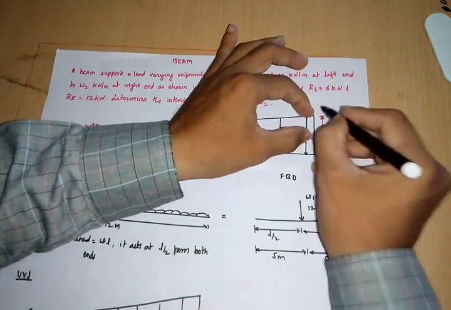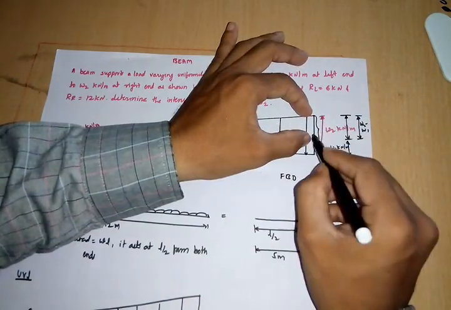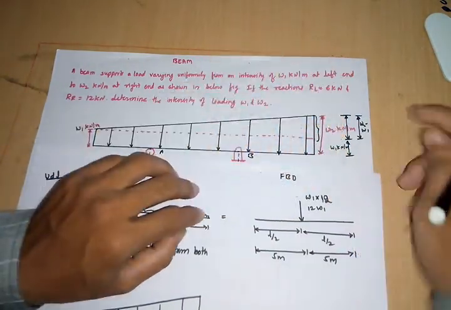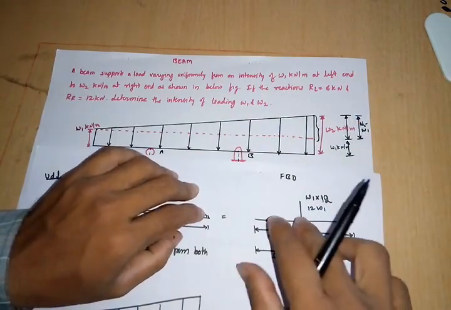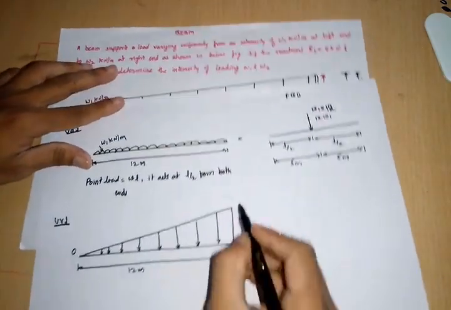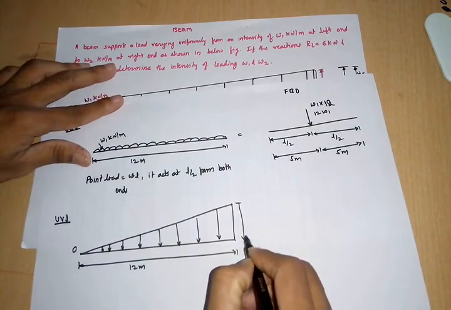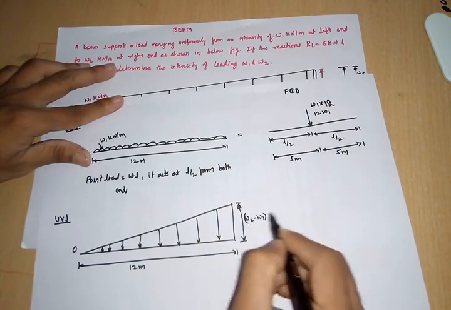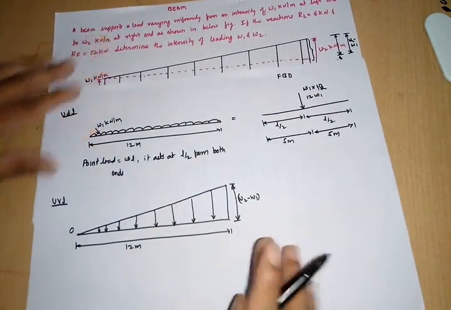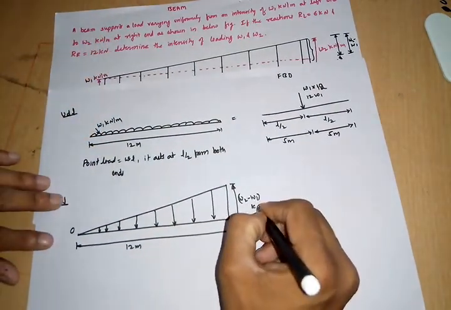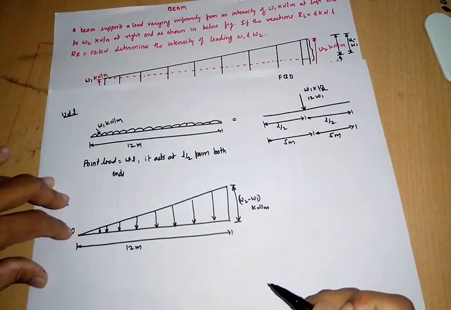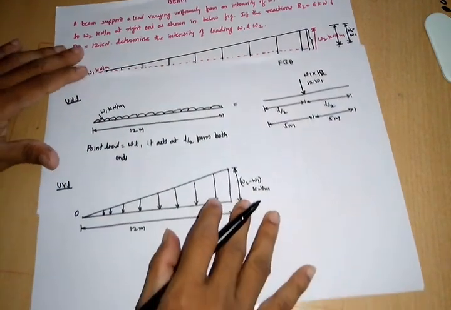So the remaining, from here to here, is W2 minus W1 kilonewton per meter.